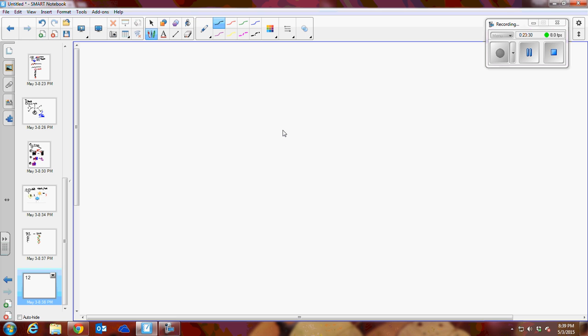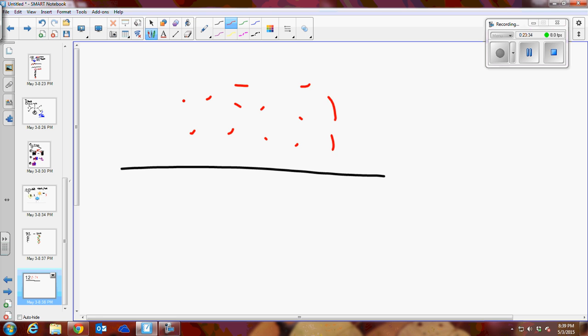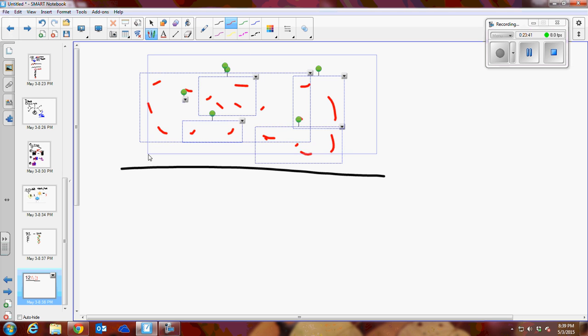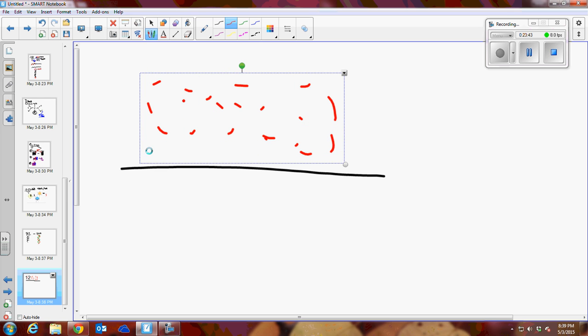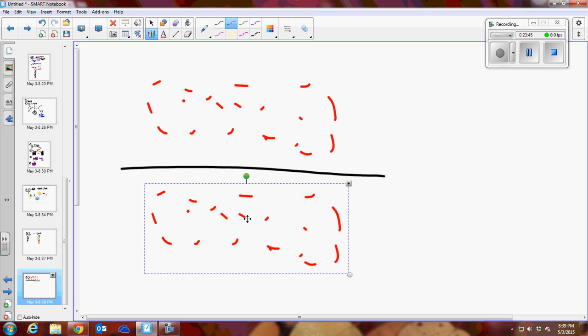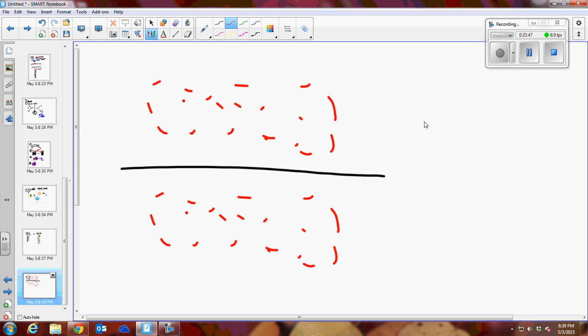Diffusion is simply particles moving from an area of high concentration to an area of low concentration until they are at equilibrium. And so they will move until they're equal on both sides and there's no more movement. That means that there's also no energy to be used.